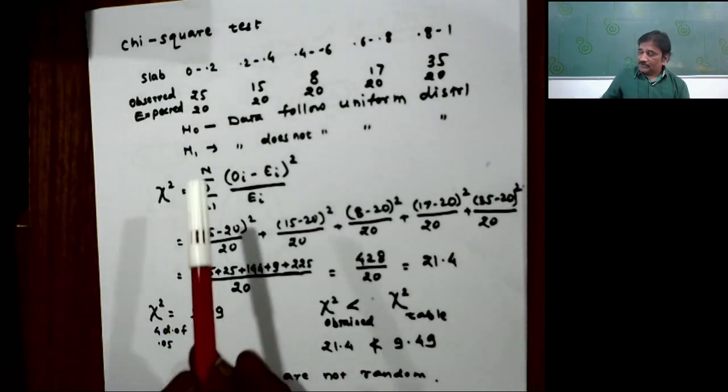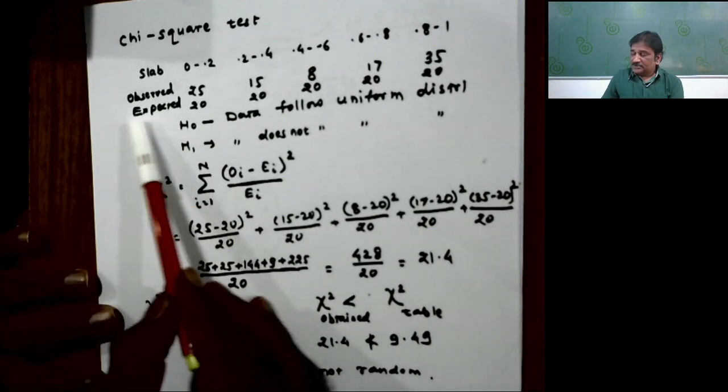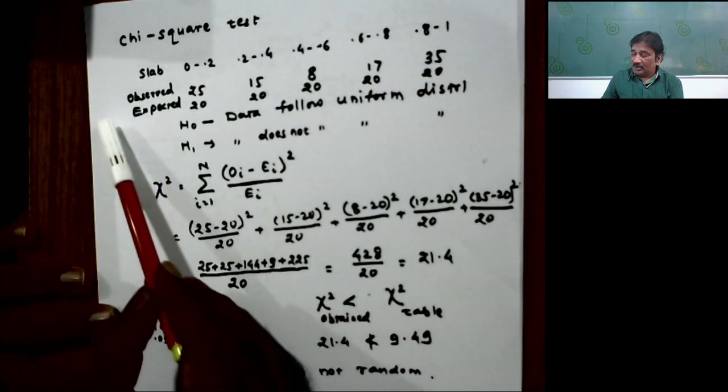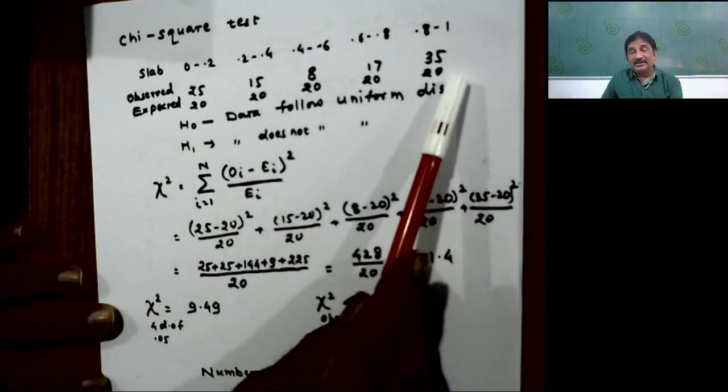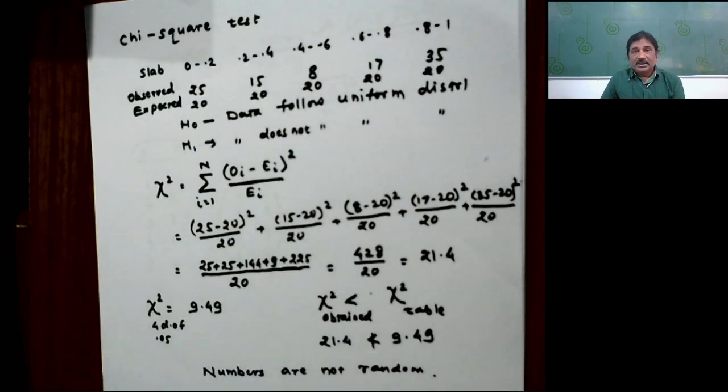Right here the expected frequency for all the slabs was 20, because I want to see that all the numbers are equally distributed within the slabs 0 to 0.2, 0.2 to 0.4. So there must be 20 numbers in 0 to 0.2, then in 0.2 to 0.4 there should be 20 numbers, because I have 100 numbers.